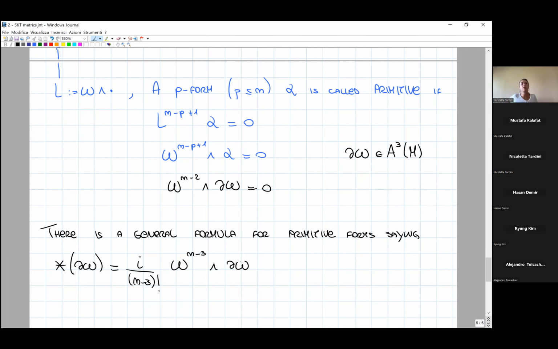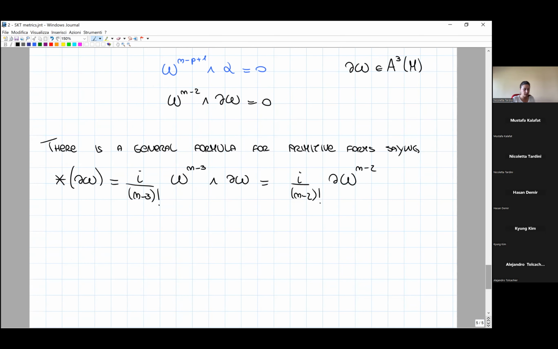Okay, in general, there is a formula saying how the Hodge star operator behaves with primitive forms. So I'm using just this general formula that gives this expression. But this is i over (n-2)! ∂ of omega^(n-2). Again, this follows from the Leibniz rule. Okay, this last equality is just the Leibniz rule, which means that the star of ∂omega is ∂-exact, it belongs to the image of ∂.